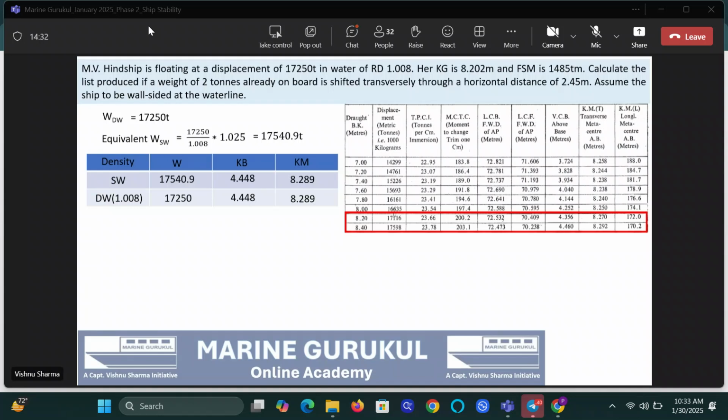What will you do? You'll start calculating the GM. How much do you get GM? 0.001. Just see, guys, KM minus KG minus FSC, right? Is it 0.001? Now it's not 0. Can you quickly check it also?